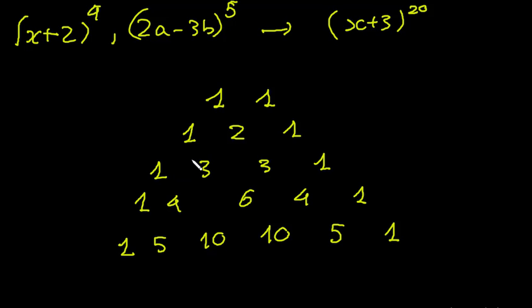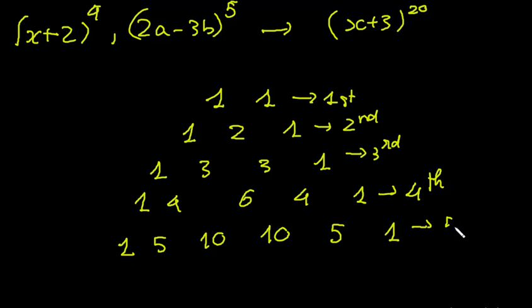Look at this one. I call this the first row, here the second row, here the third row, this one is the fourth row, and this one is the fifth row. For each of them we want the position in the row, which starts from 0.